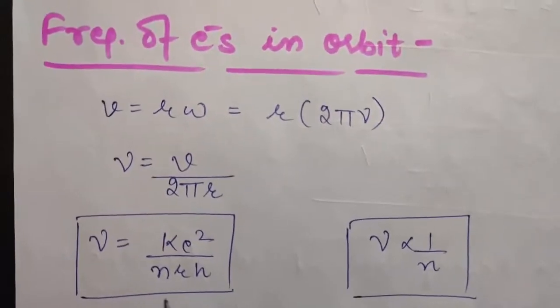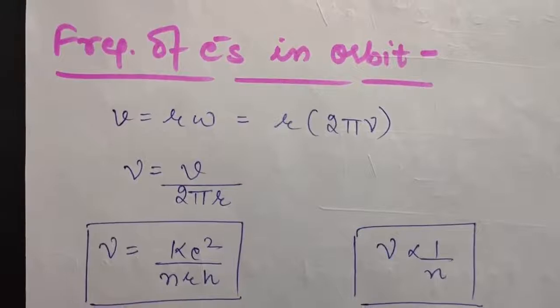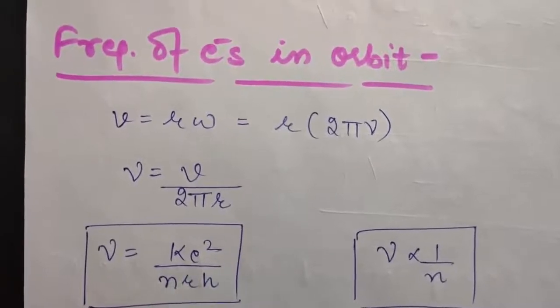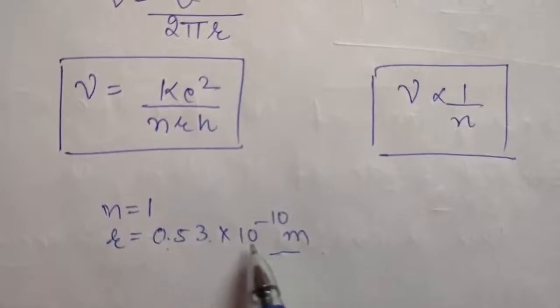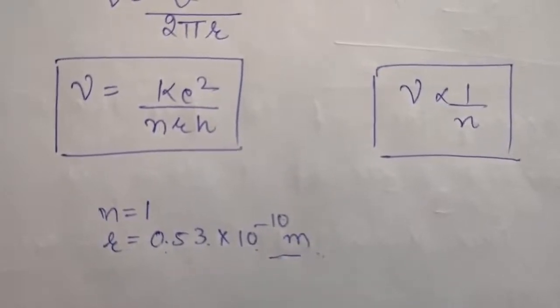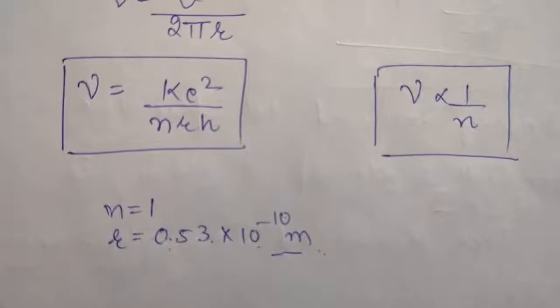If you take the first orbit of hydrogen atom and calculate the values, then the value of r will come to be 0.53 into 10 to the power minus 10 meters, by the formula which we have calculated for radius.